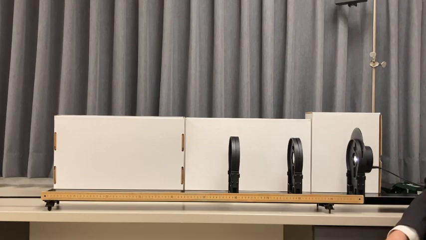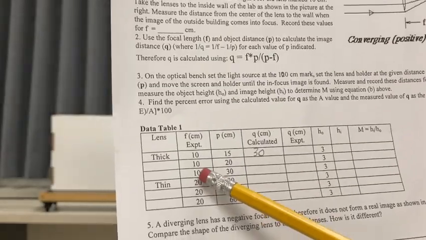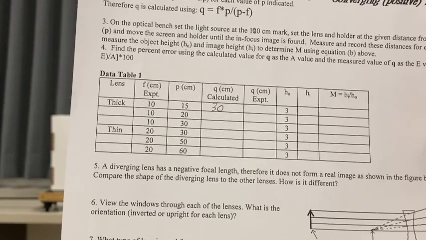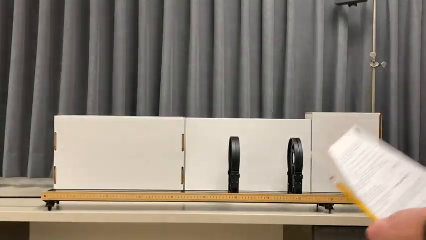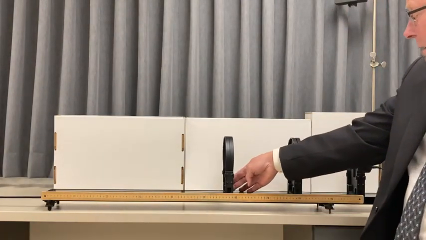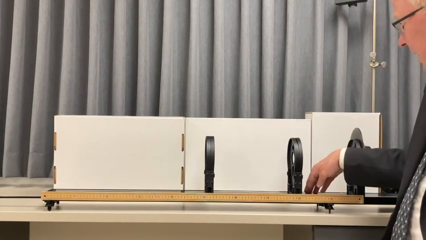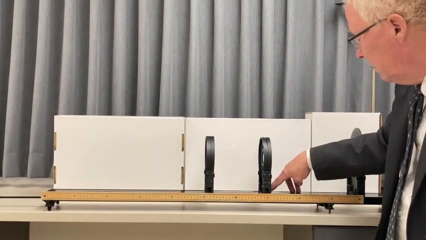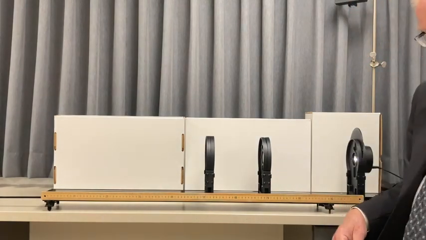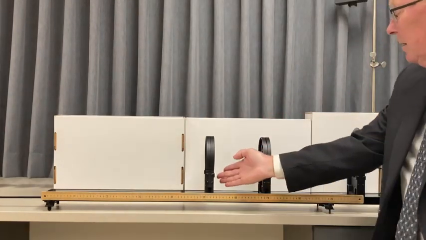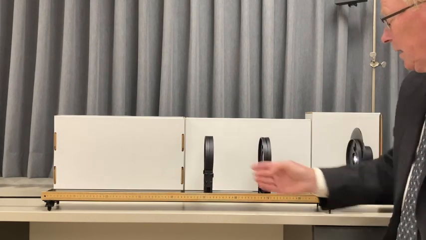Next, so that's that part. And what I'm going to do then is for F is 10 and P is 30. So I'll move this back. All right, then move this 10 more centimeters. And in that case, I'm now going to adjust.